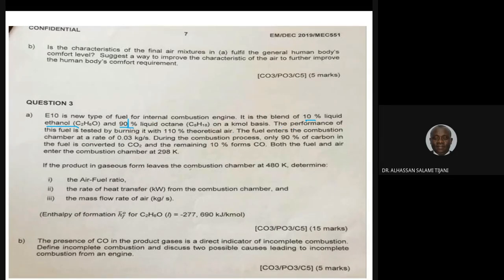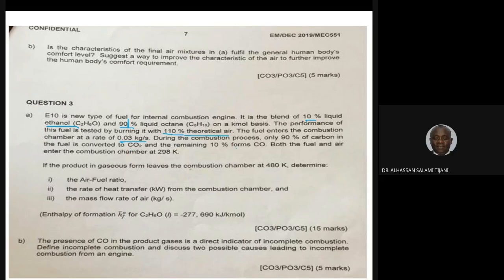Now the performance of this fuel is tested by burning it with 110% theoretical air. You see over here, 110% theoretical air means 110% stoichiometric air. Now the fuel enters the combustion chamber at the rate of 0.3 kilogram per second.